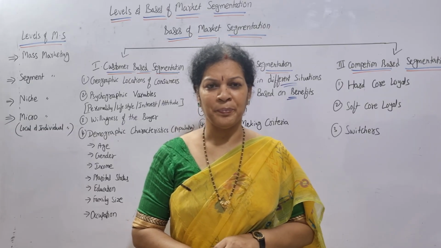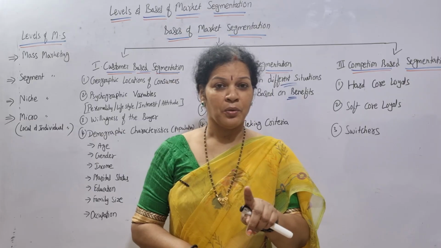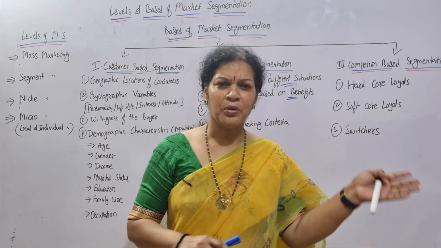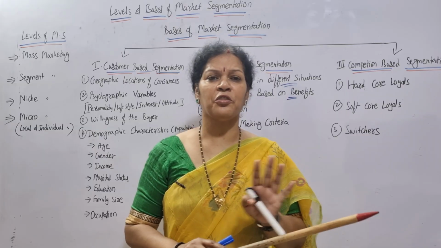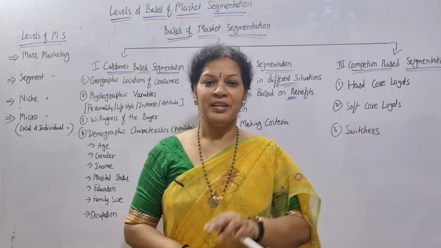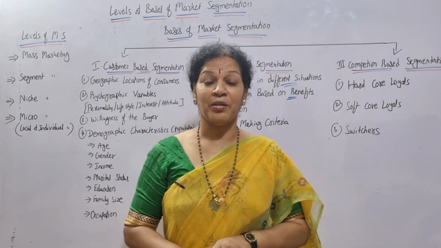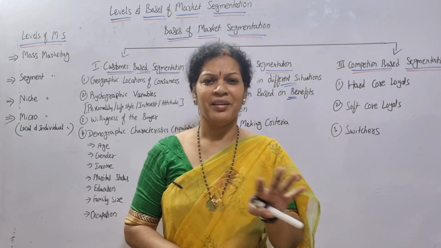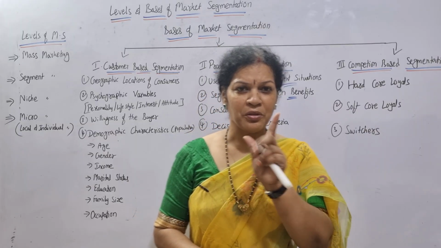Example, Bata Chappal. For the past 20 or 30 years, people are using it. They just want to go to the Bata shop only, not to any other shop, because they are loyal to that Bata company. In the same way, Tata Salt. I buy only Tata Salt because I trust it, I am loyal. So you have to focus on these types of consumers.